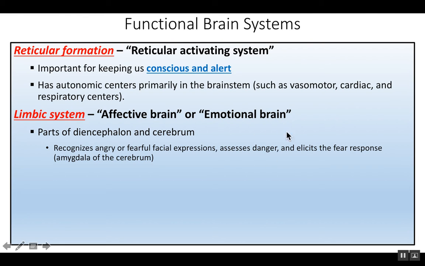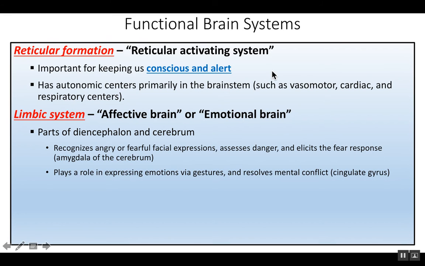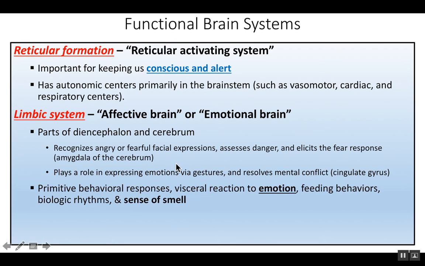It assesses danger, which can be very emotional, elicits fear responses. So all things emotion related is known as the limbic system. It can help express emotions, resolves mental conflict.